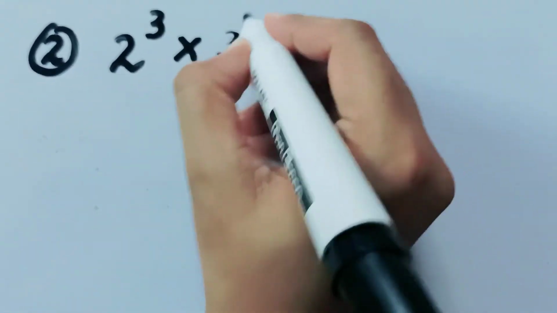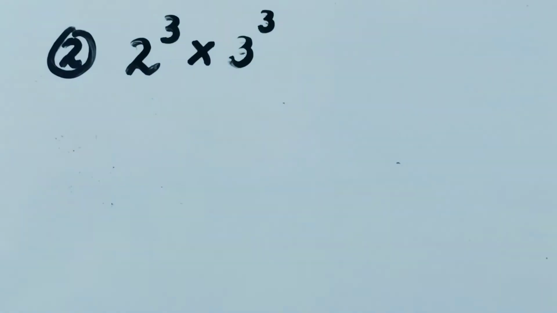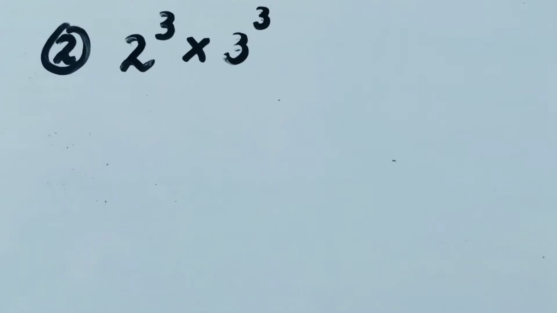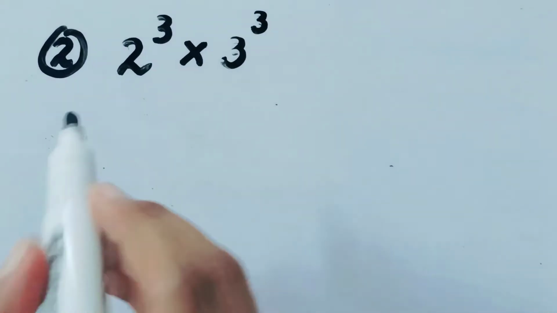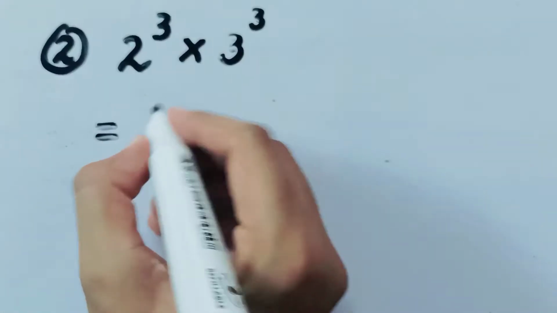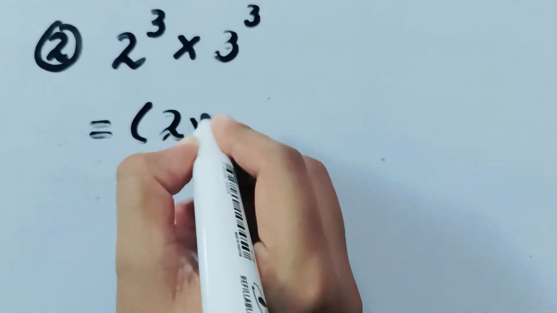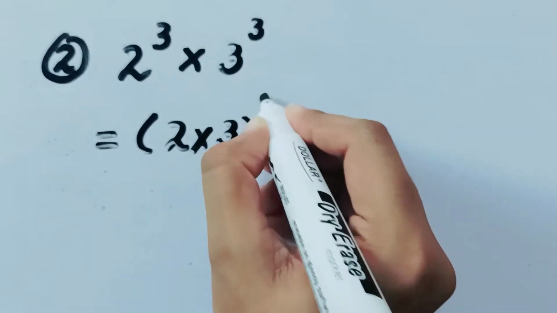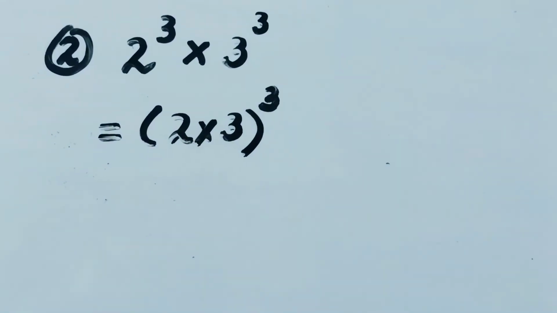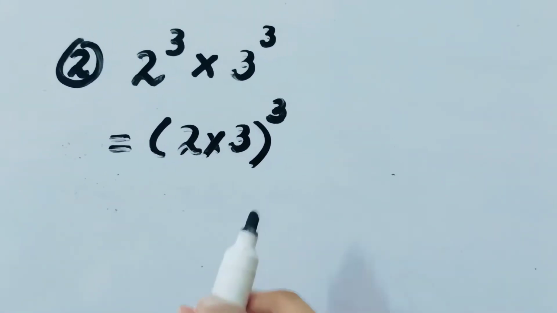Let's take 3 raised to power 3. Here you can see our bases are different, but our exponents are the same. So if we have a case like this, then we will simply multiply our bases and we will take the exponent of the whole term.